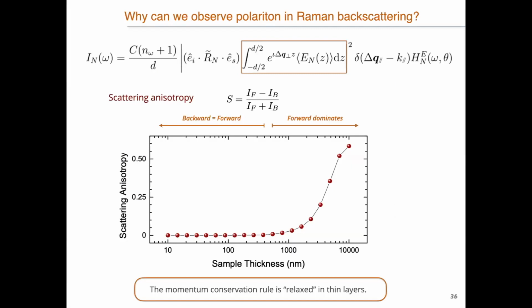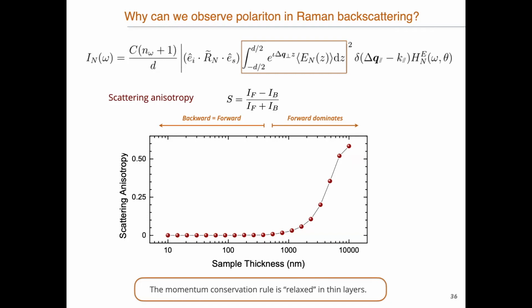Okay, why can we observe polaritons in Raman backscattering? Let me come back to this integral I mentioned a bit earlier, the integral of the polariton field multiplied by the exponential of the change in light momentum, integrated over the thickness of the sample. On this graph, I'm reporting the direction of the scattering as a function of thickness.